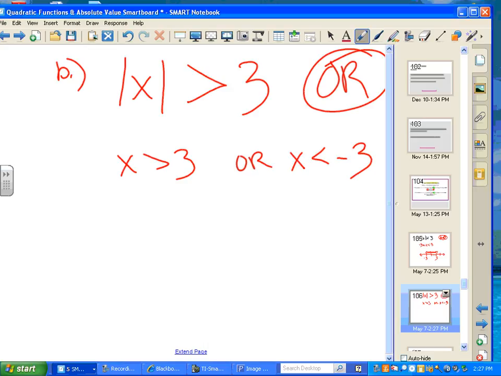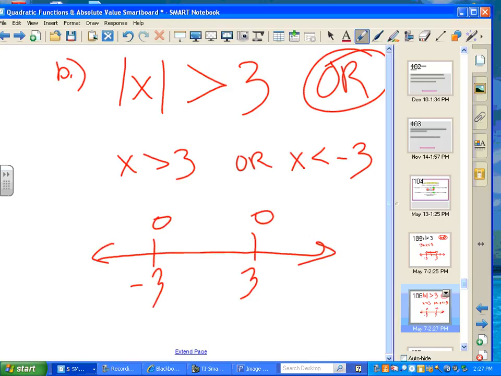We've done this before. Or has to go in opposite directions. So your number line, I'm just going to put 2 lines here, would have an open circle above each. Arrows are going in opposite directions. It has to be greater than 3 or less than negative 3. So greater, less than. My shortcut makes this easier, don't you think?